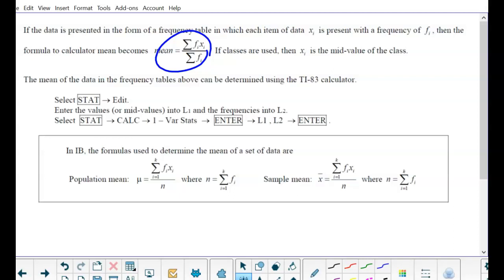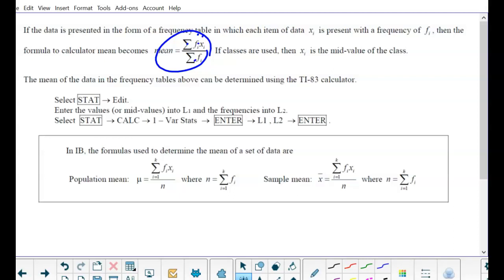You need to know this without the formula. So that is just what you just did. In the last one we took the frequency of each data value, multiplied them together, and then added them together and divided by the total frequency.